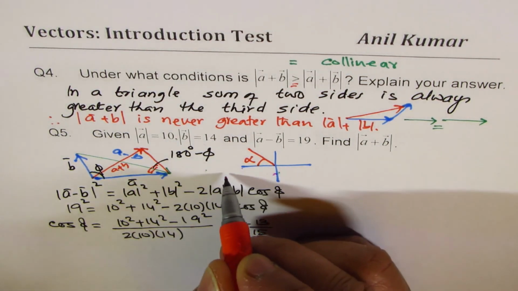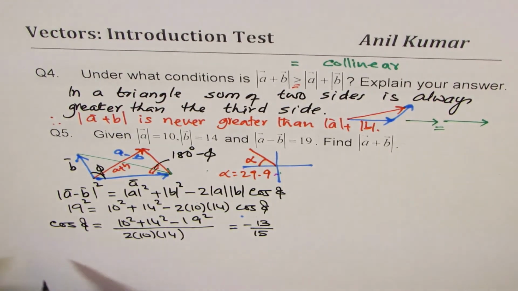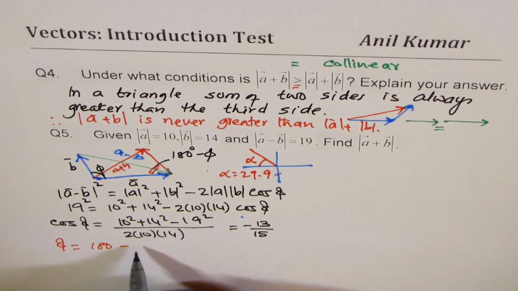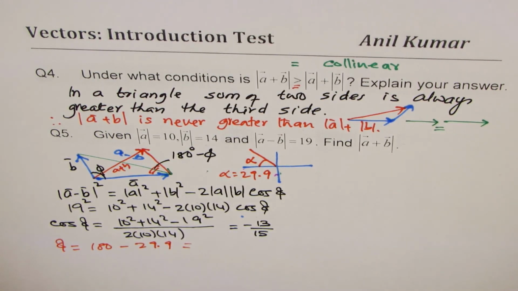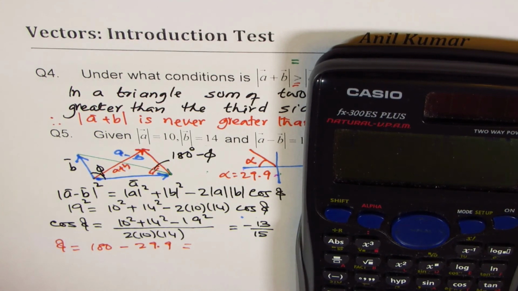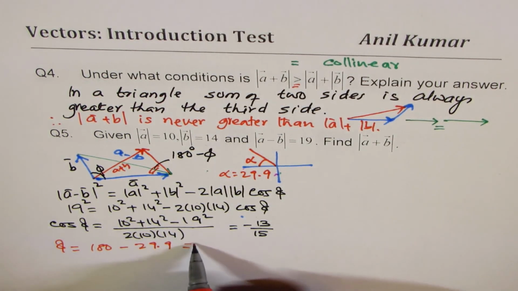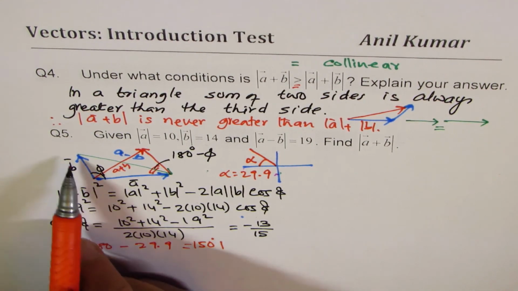So this angle alpha equals 29.9. That means phi is equal to 180 minus 29.9. So that is the angle between these two vectors, which is 180 minus 29.9 equals 150.1. So that is the angle phi between these two.